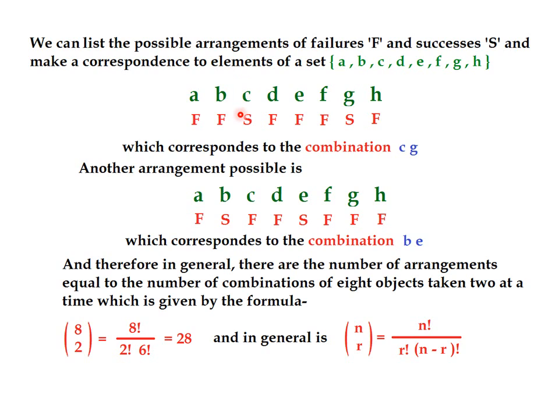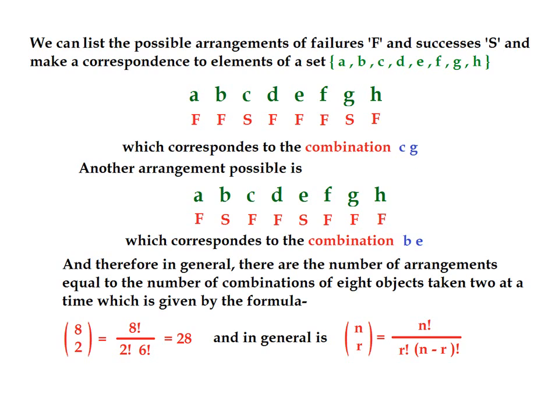Notice that C corresponds to S and G corresponds to S. So this particular arrangement of failures and successes would also correspond to the combination CG.